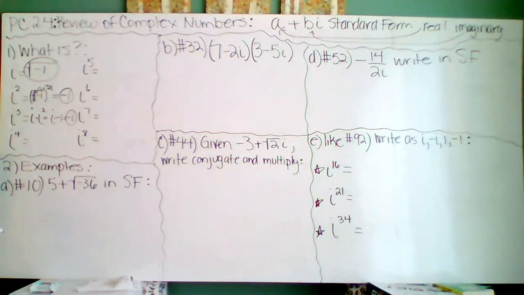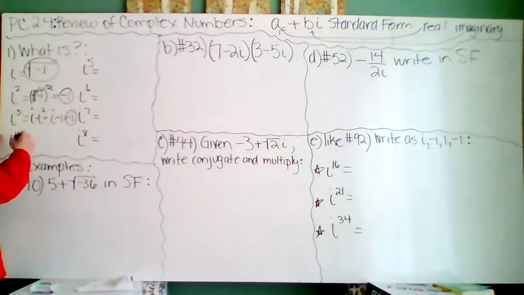So i cubed in its simplest form is -i. Again, I wrote i cubed is i times i squared because I can, right? And that equals, I kept my i, and i squared we already said is a -1. So we get -i.